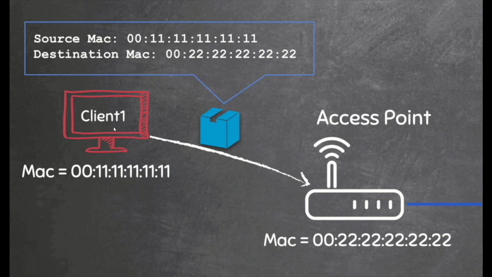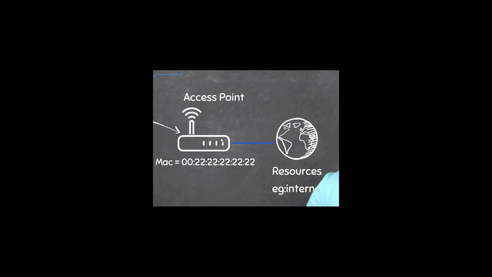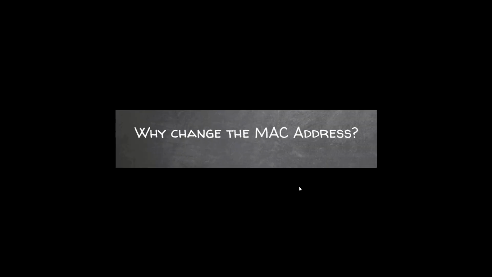Whenever we transfer files from a client to an access point or another device, the data is transferred in the form of packets, as we discussed before. The packet will have a source MAC, that's the client, and a destination, in our case the access point. Both of them will have a MAC address, and then the access point will transfer it to the internet.